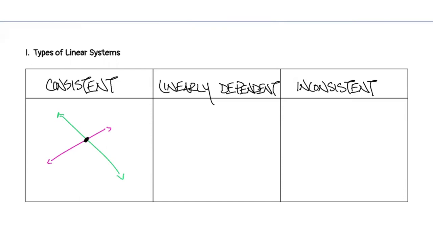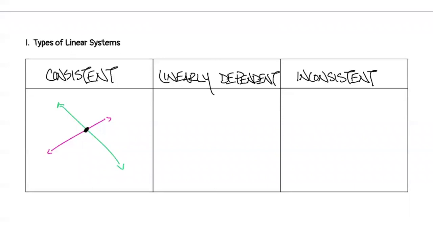All right, they intersect only one time. And so here, if I said find the solution, you would say that x comma y is the solution, meaning the place where they intersect. That's what we mean when we're saying solve this. Okay.